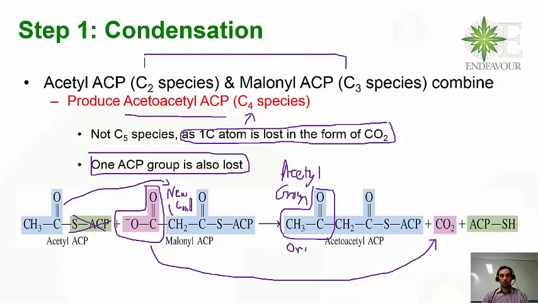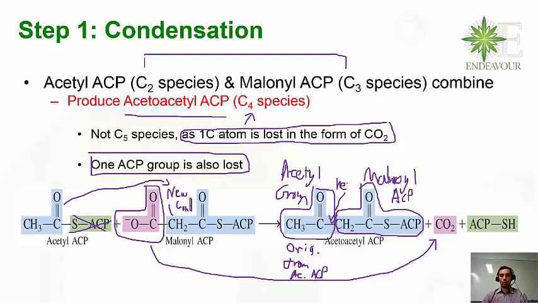Originally from the acetyl ACP, and then we've got the rest of the structure, which was originally from our malonyl ACP, and we can connect because there's been the loss of that carboxylic acid group, which gives us that new position to form the bond. So we've got that new bond forming between the acetyl group and what remains of the malonyl ACP.